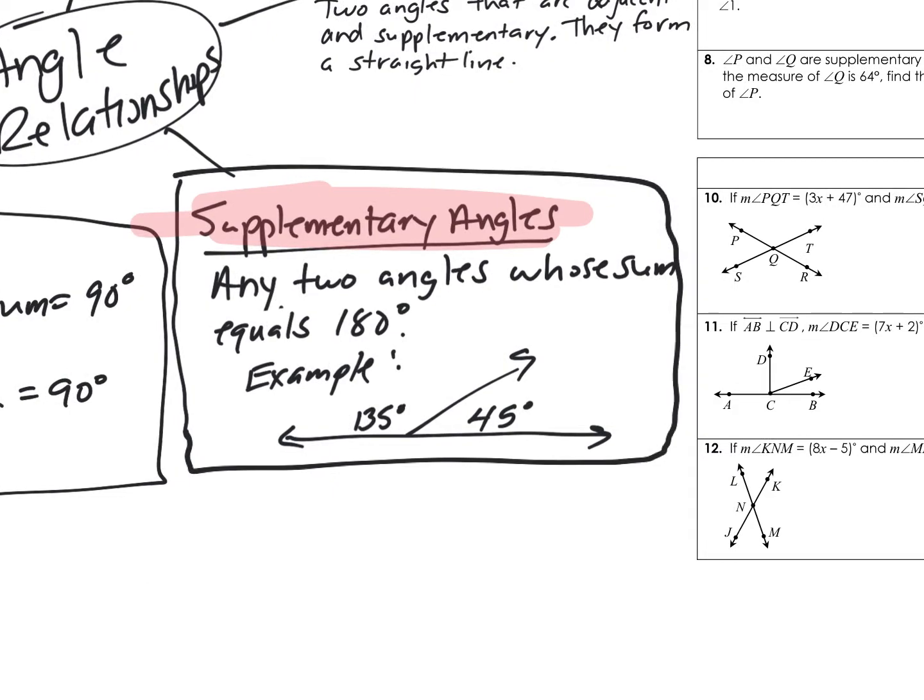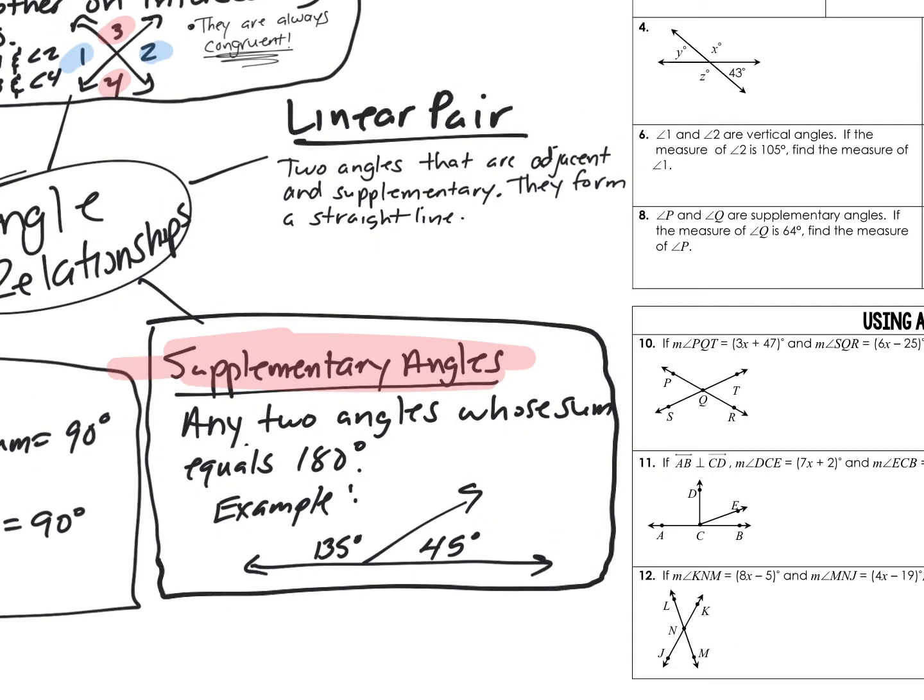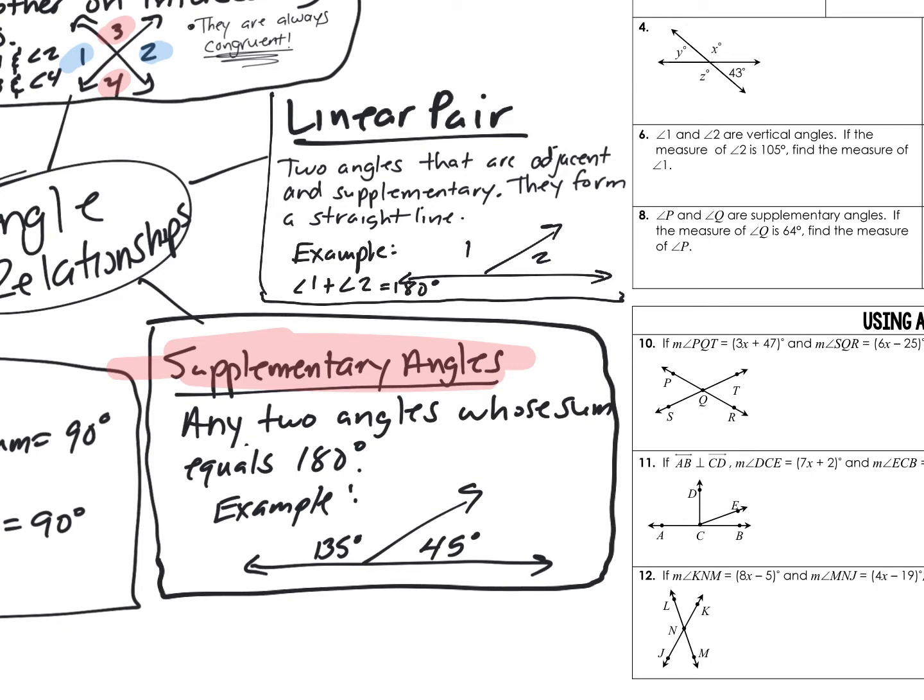And it looks just like your example from supplementary angles. So angle 1 plus angle 2 equals 180 degrees. The difference really is that supplementary angles don't always have to form a straight line. Sometimes you can have supplementary angles that don't even share a side. So that would be linear pairs.